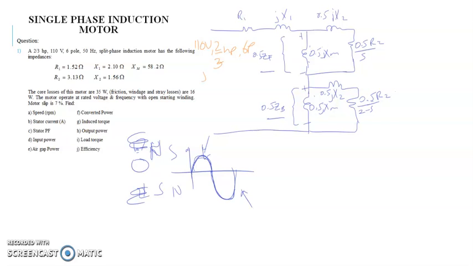So directly you can convert, or you just list down first. So 6 pole, 50 Hz. Also we have to list down all the parameter values of your R1 value, X1 value, X2 value, and the magnetizing value. We list down in the circuit.